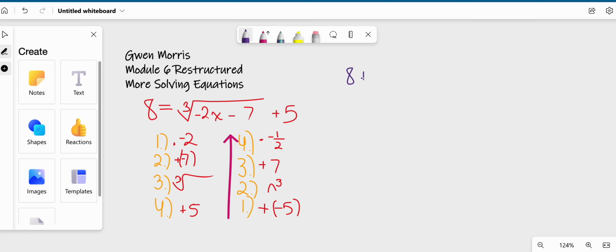So 8 plus negative 5 is going to come out to 3. Now the next one is to the power of 3, or cubed. So 3 to the power of 3, or 3 cubed. 3 times 3 is 9, times 3 again is 27.